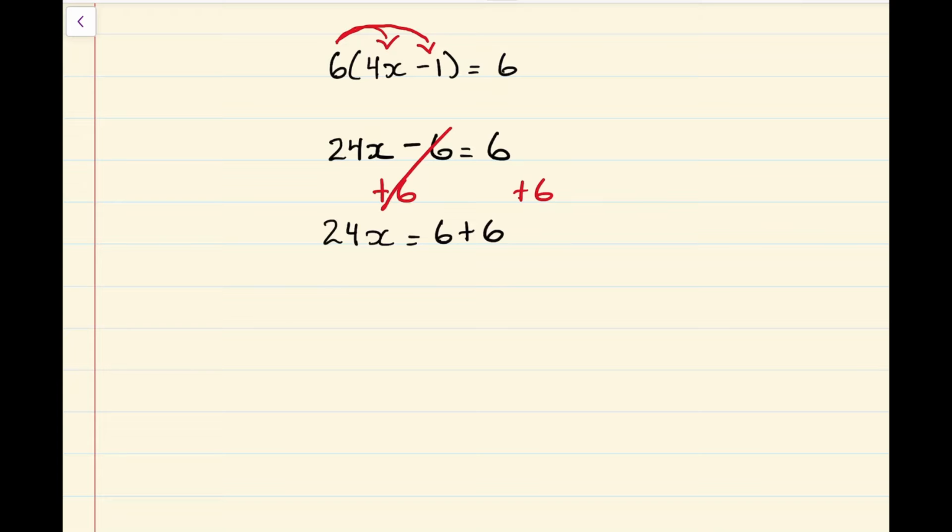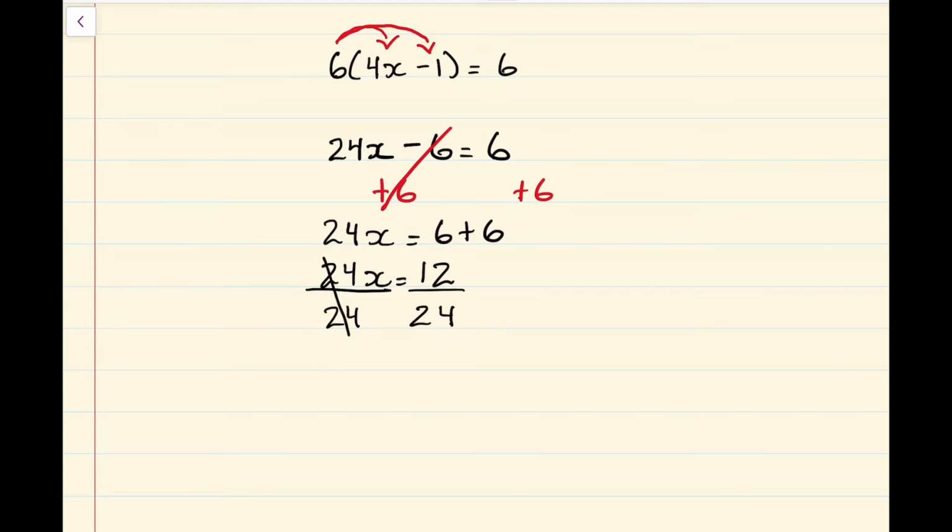Okay? And so now let's just add. We know that 6 plus 6 is equal to 12. Okay? And so to solve for x, what we would want to do is just divide by 24 on both sides of the equation. And 24 divided by 24 is just 1.